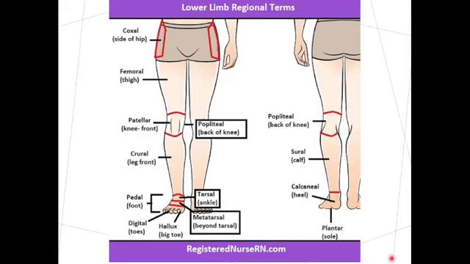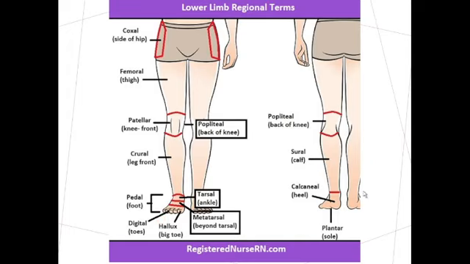Next is the hallux, or the big toe. So this is like the thumb of your toe, but it's not actually the thumb. It's actually the hallux or the big toe. So when we're walking in a hall, I guess that's how we will remember hallux. Next, digital, just like fingers, also sometimes refers to the toes.